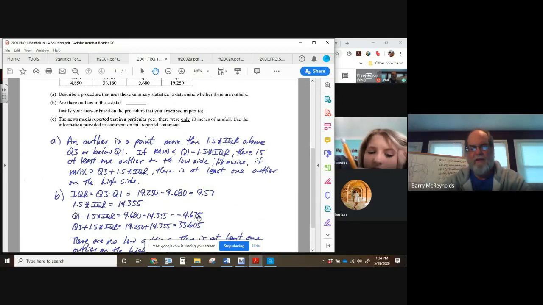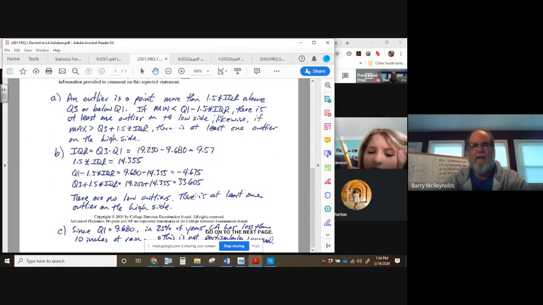So there are possibly more than one outlier. So our answer can only be no outliers on the low side, but there's at least one on the high side. Since we don't have the data in front of us, there could be more. So that's the best way to answer part B.